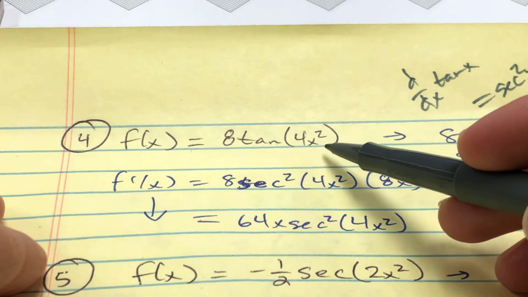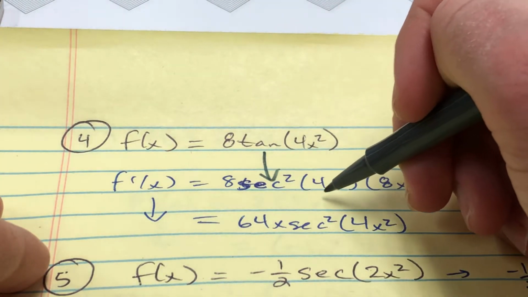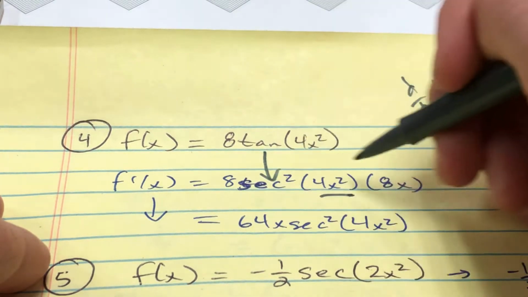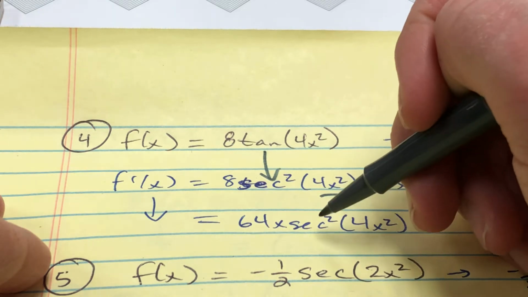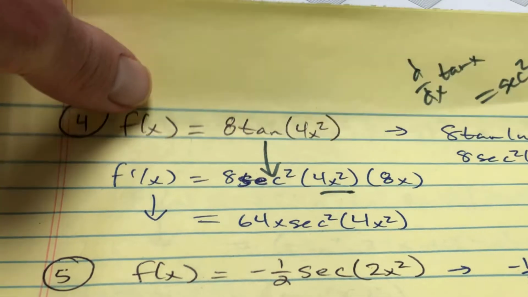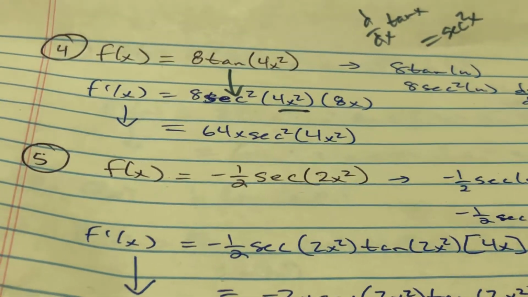So the derivative of 8 tangent u, we'll call it, is the following. So 8 secant squared u, then I take the derivative of this with respect to x, 8x. 8 times 8x, 64x, secant squared of 4x squared. Secant of 4x squared, all that squared.